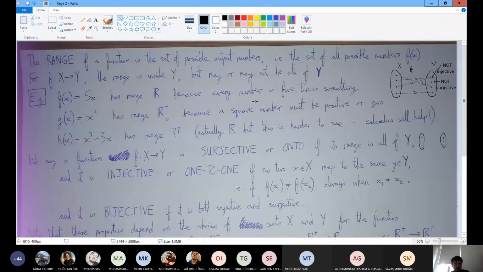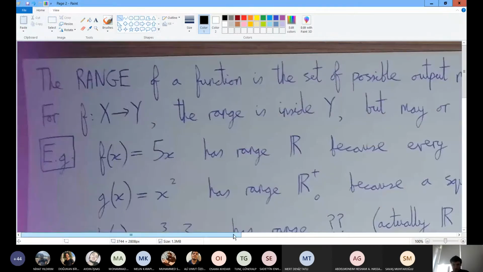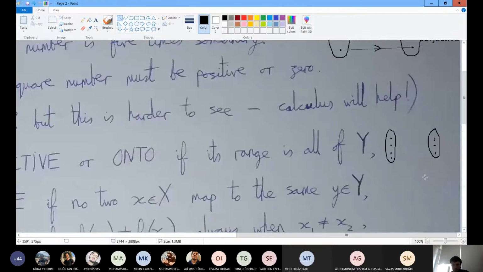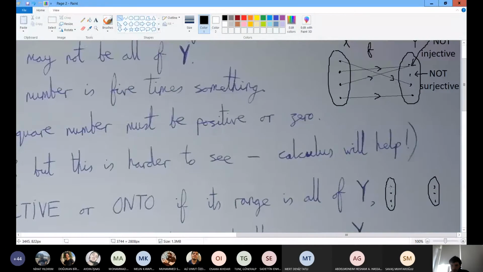So you can also have a function which is, let me zoom up a bit to make this more clear. Okay, so here I'm going to draw a function which is surjective, but it's not injective. So here we have again set x, set y.